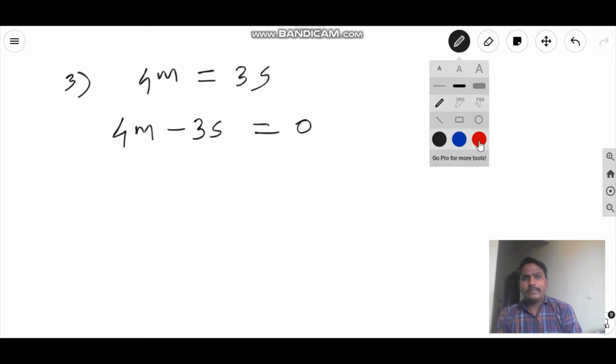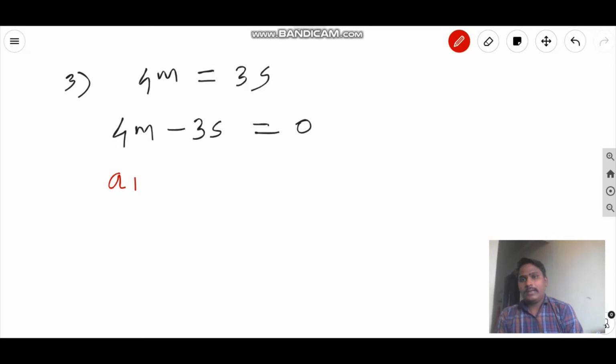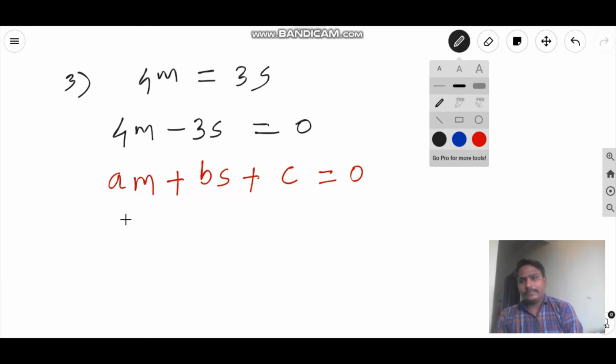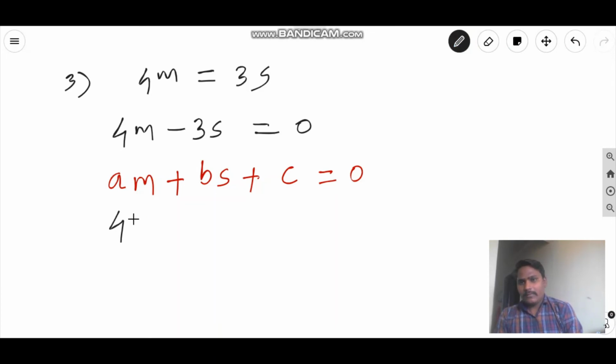In this case we write it as am plus bs plus c is equal to 0, and the given equation can be rewritten as 4m minus 3s, and there is no constant term, so I am writing plus 0.